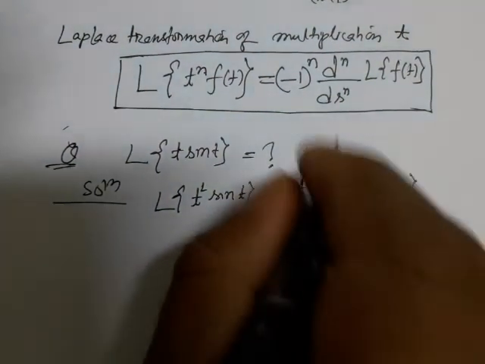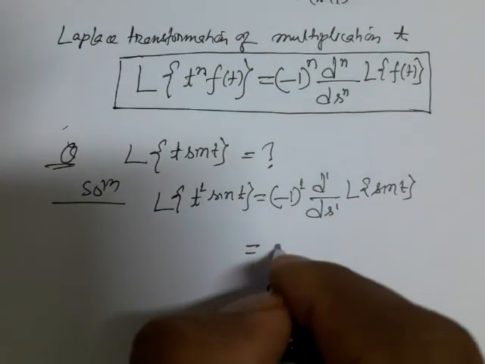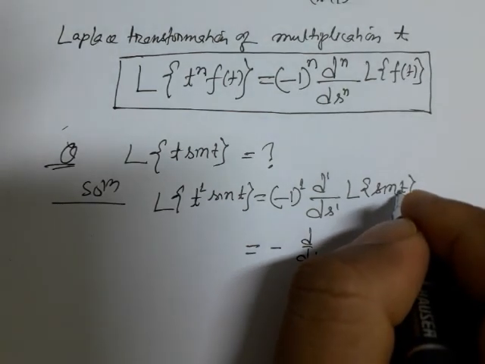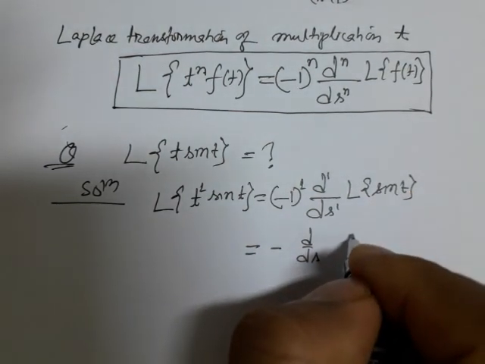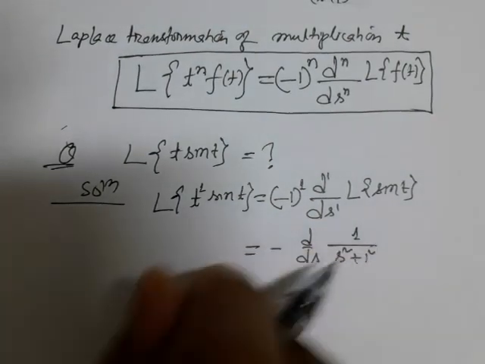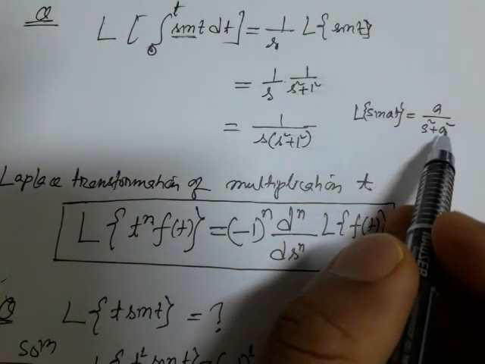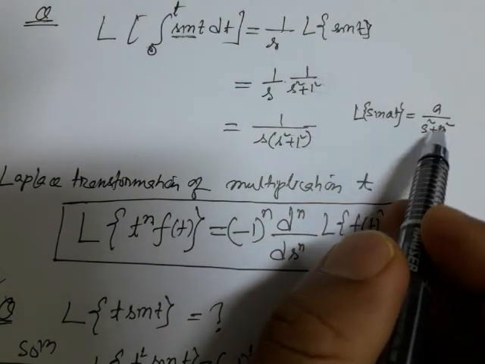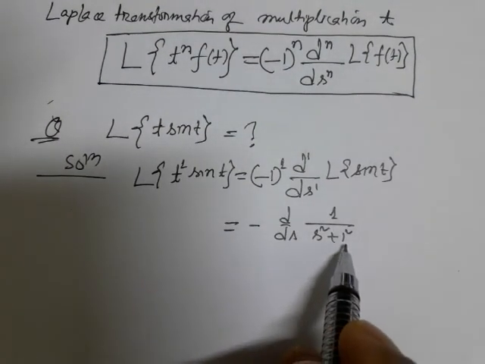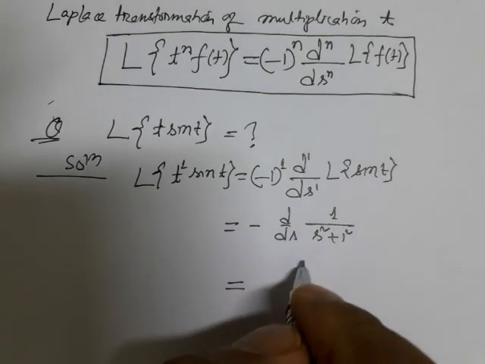And as we have just learned, what is the value of L of sine of t? So minus d by ds of L of sine of t. What is a here? a is 1, so 1 by s square plus 1 square. The formula for L of sine at is a by s square plus a square. So a is 1, that is why I am writing here 1 by s square plus 1 square. Now take the derivative and what will you get?